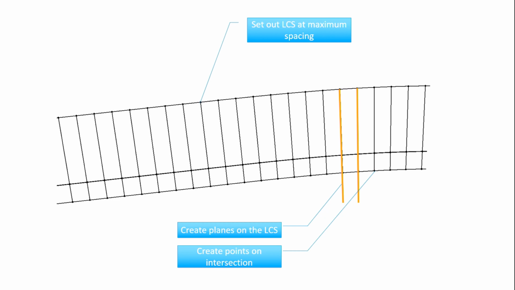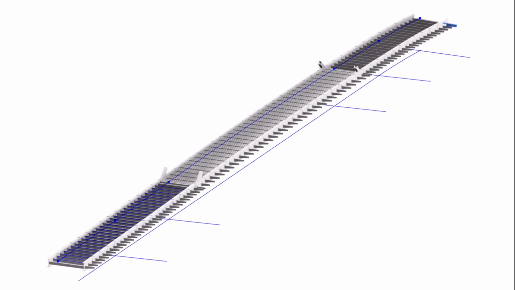So what we did was we set out a local coordinate system along the top curve. We created planes along that local coordinate system, the orange lines. Those planes clash or collide with the bottom line, and that's where we created the other points. And between those points, we created the floor beams. And this is the end result.